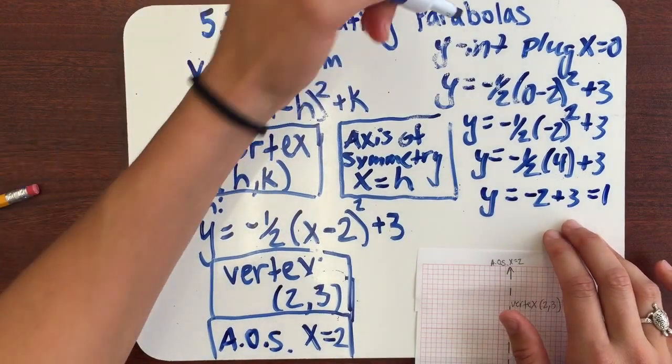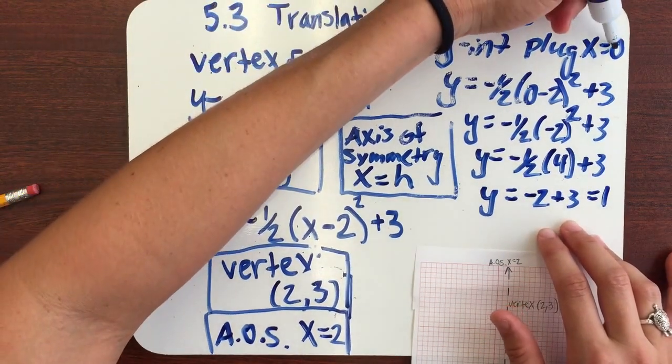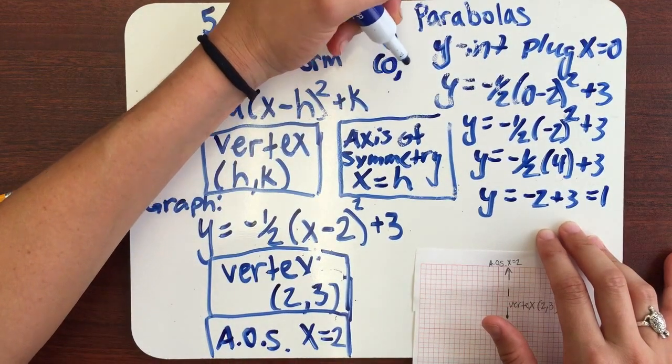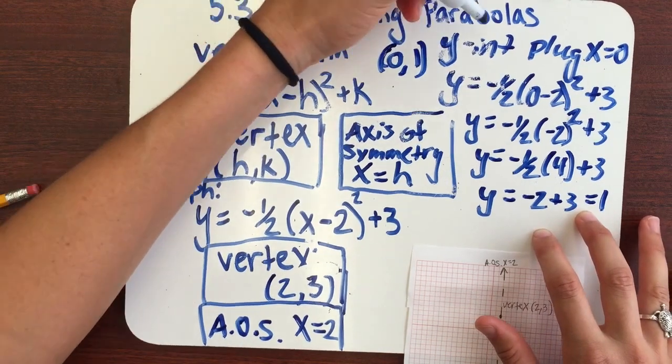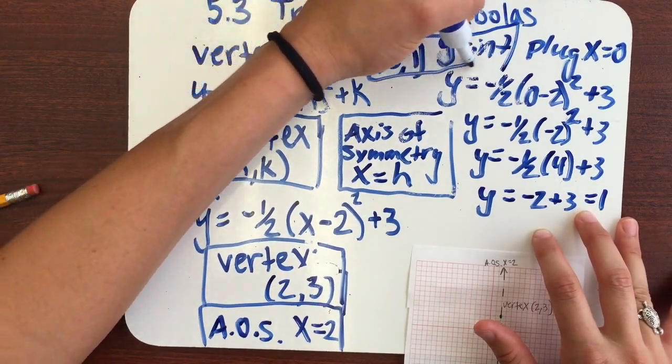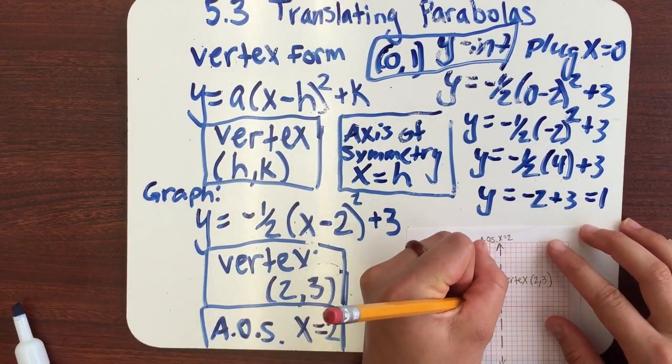So therefore your y-intercept is 0 for your x and 1 for your y: (0, 1). We can now plot that, (0, 1), which is right here.